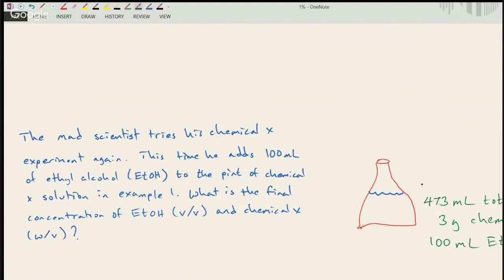So our question is asking, what is the final concentration of ethyl alcohol in this solution, and what is the final concentration of chemical X?